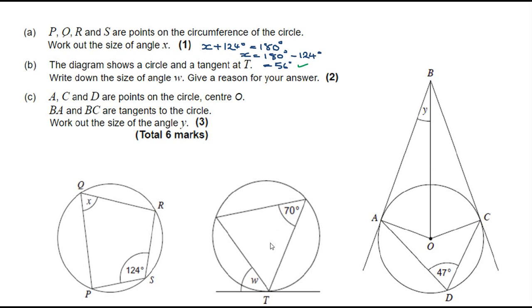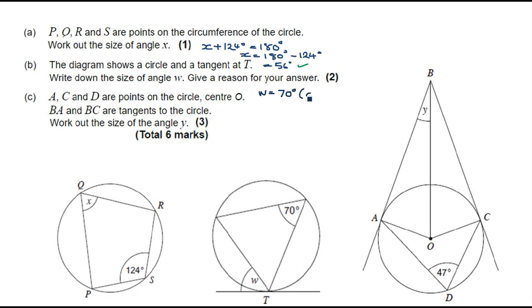And we know that they're congruent. So this angle is congruent to the angle in the alternate segment. So in other words, we simply write down that W equals 70 degrees. So let's do that. W equals 70 degrees. But we won't get our full 2 marks if we don't give the reason.